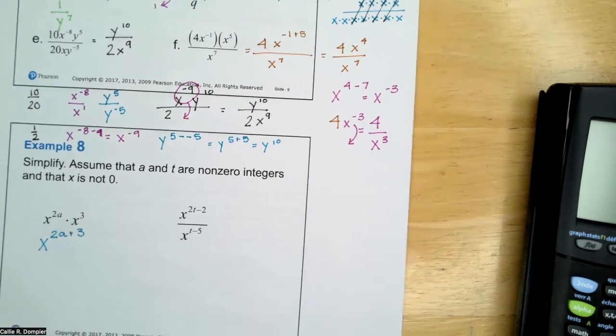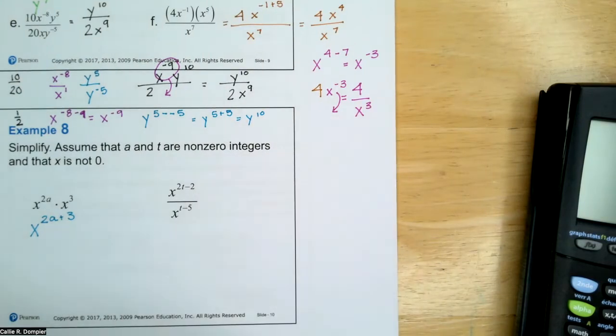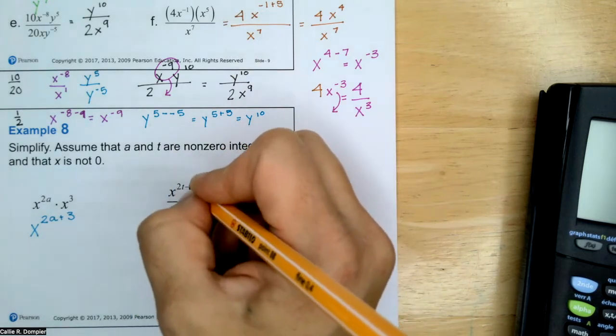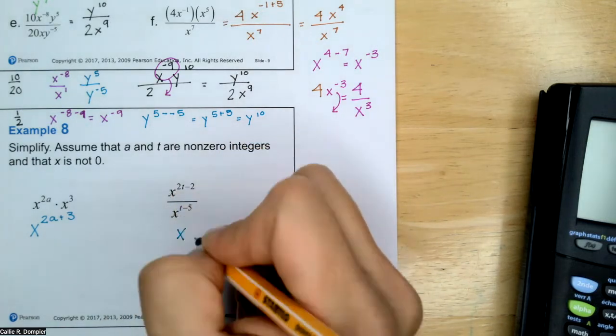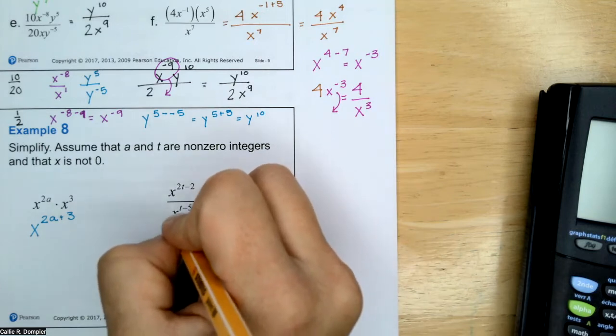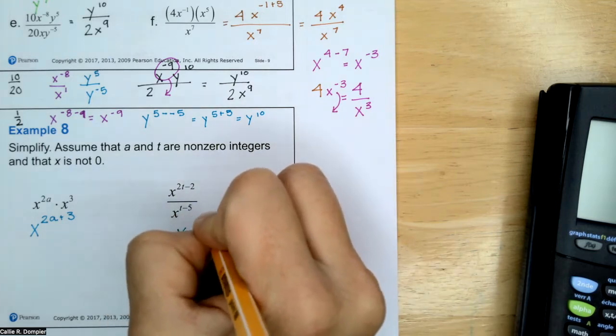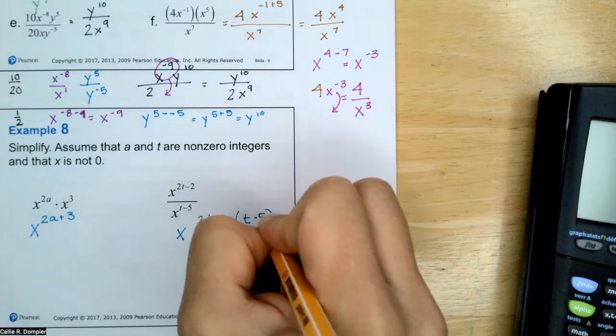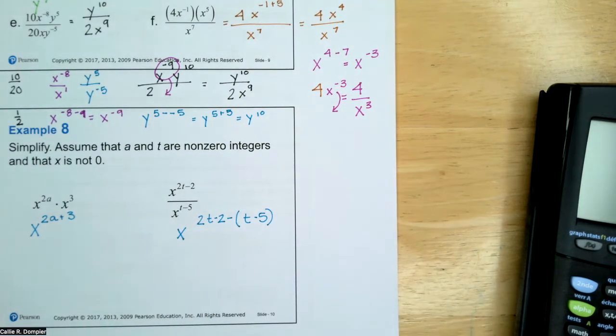This is not really going to show up. x to the power of 2t minus 2 divided by x to the power of t minus 5. So I'm going to take that base the same, 2t minus 2 minus t minus 5, right? So it's just practice in combining like terms. Here we had no like terms, so we left it alone.